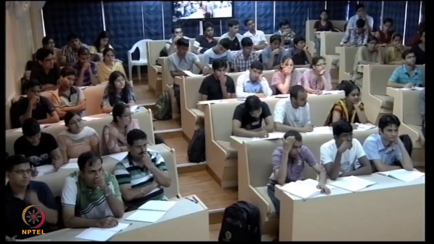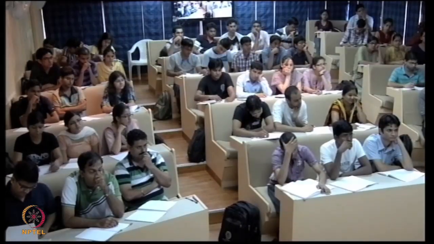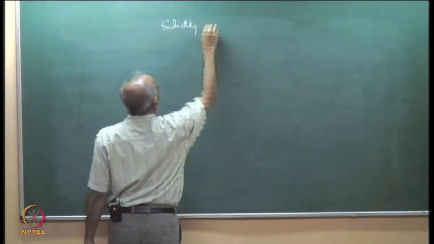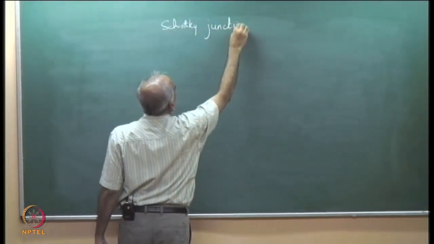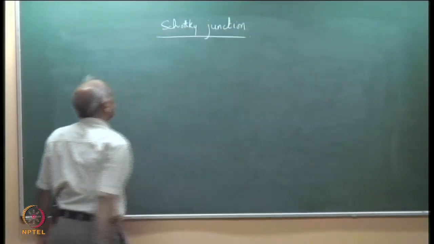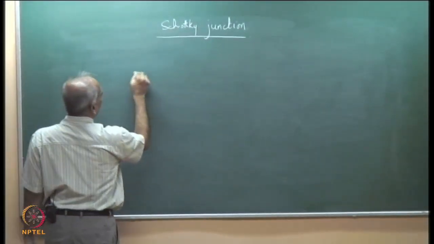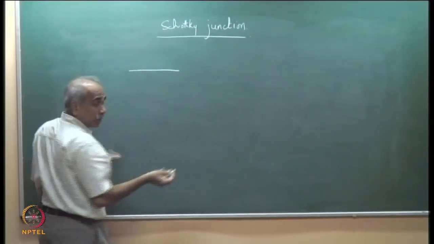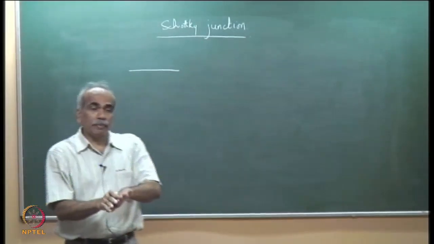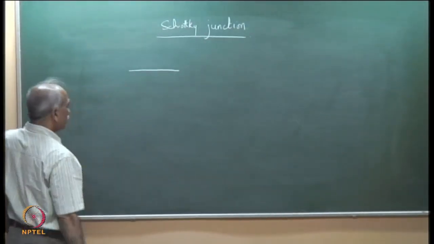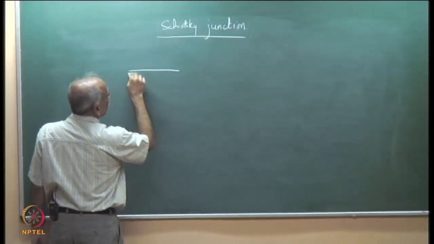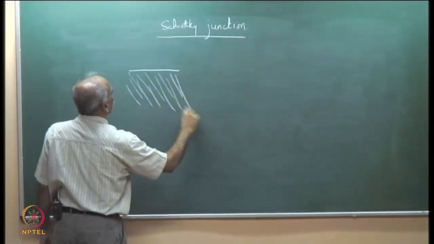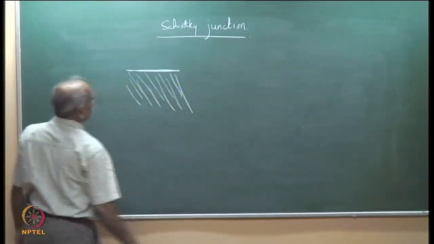So let's see the energy band diagram of a Schottky junction. A metal is characterized by a Fermi level, below which it could be due to two overlapping bands or it could be a half filled band, but it is characterized by a Fermi level below which there are plenty of electrons, or at 0 K all electrons remain below this.